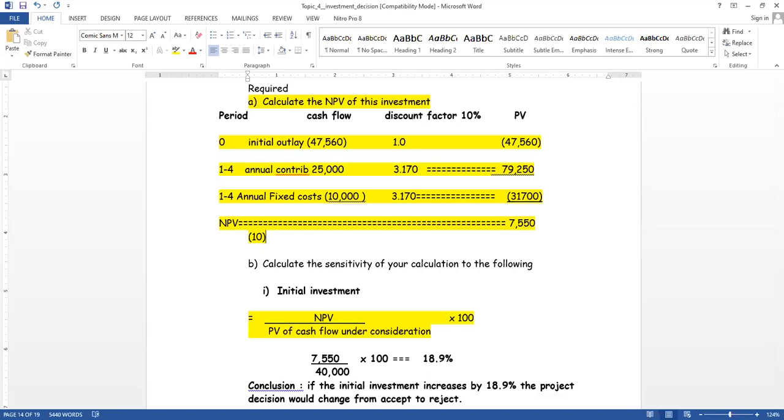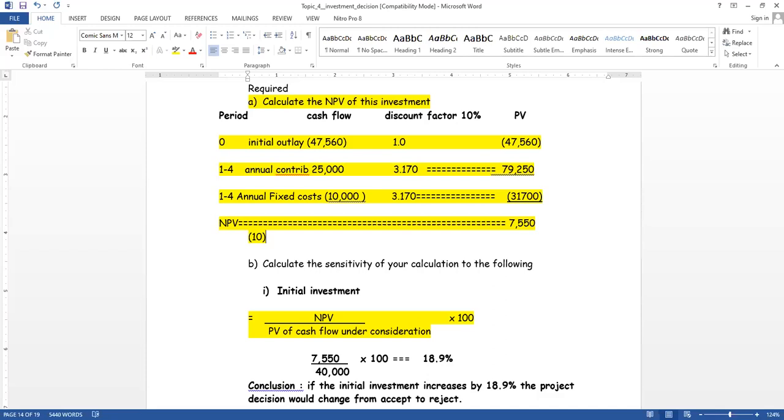The project will no longer be viable, especially if you find that the annual contribution has remained the same. So ideally, if the initial investment increases, then if you want still really to maintain this project, your annual contribution should also be increasing. But should you increase the initial investment and then you find that the annual contribution has remained the same and the fixed costs have also remained the same, then that means that your decision is going to change.